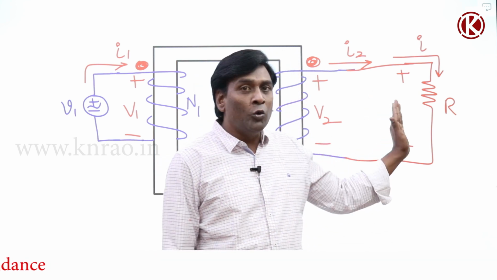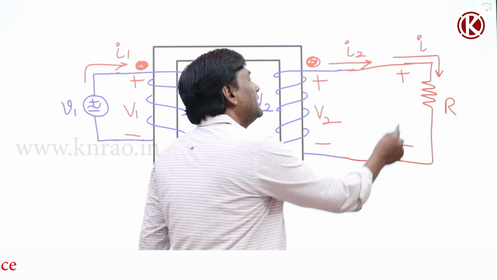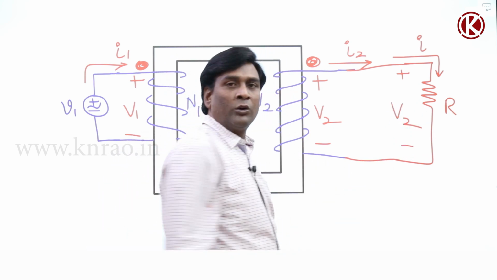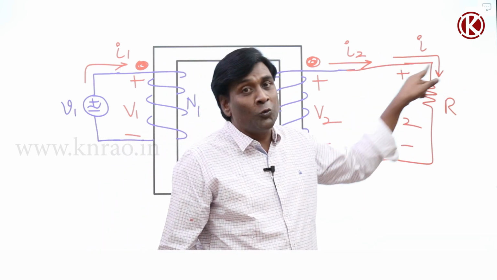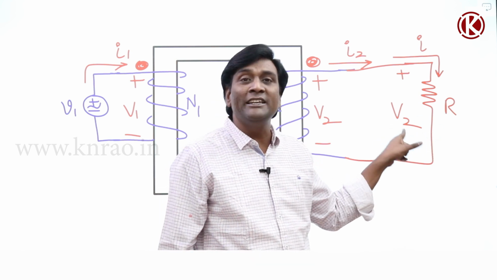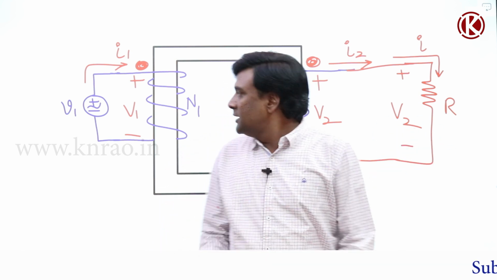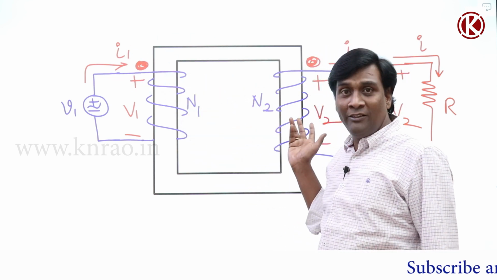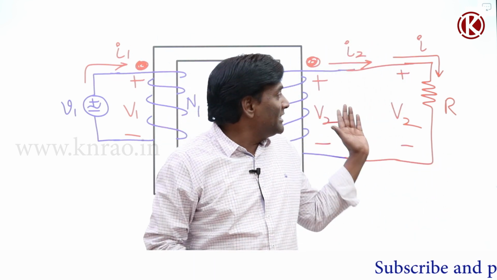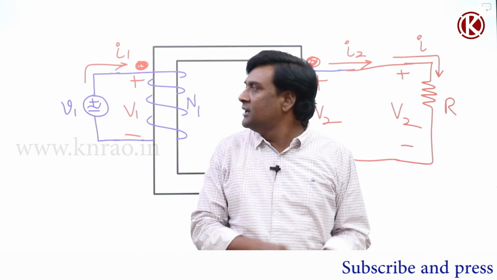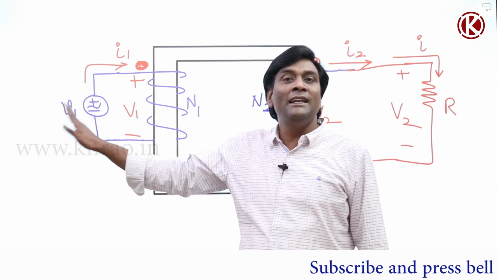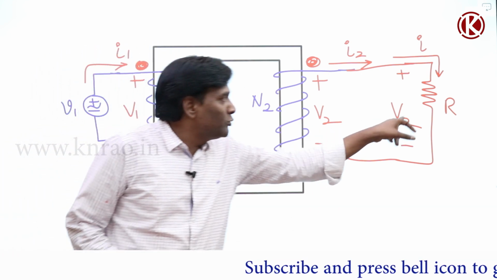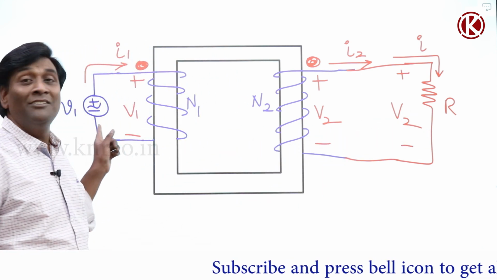My load is absorbing some power because voltage is there and some current is flowing through the resistance. And my transformer as a whole is passive, so the transformer cannot deliver any power. So whatever power is absorbed at the load side, compulsorily the same power should be delivered by the source side. Now, power absorbed here should be equal to power delivered here or not?